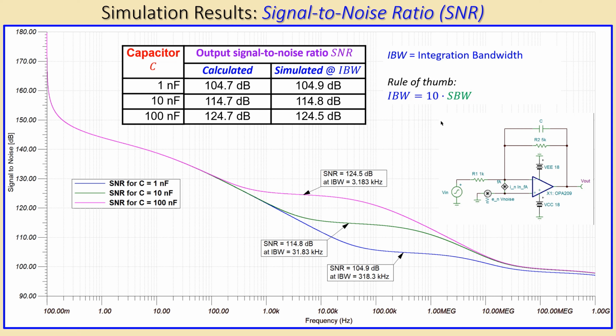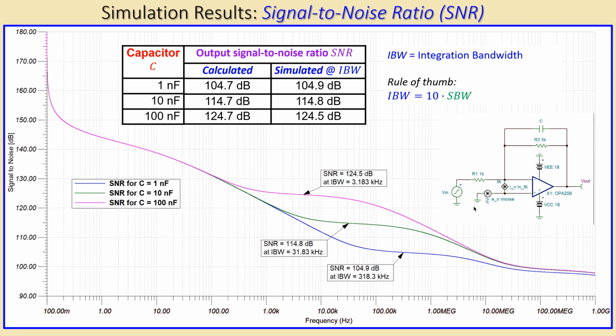Alright, this is actually for this example where we have seen in more detail what the effects of our feedback capacitor and also the feedback resistor are, that this will dominate for specific values the frequency response of our circuit. In addition, we have seen that the integration bandwidth comes into play because the capacitor in the feedback will be a short for very high frequencies, and the noise gain will be unity, and that will cause, of course, the output noise to keep increasing where we have, of course, no limit anymore.